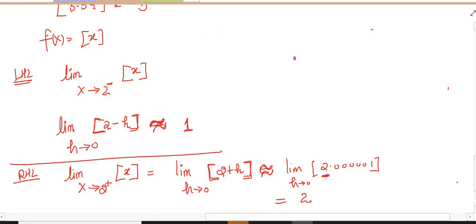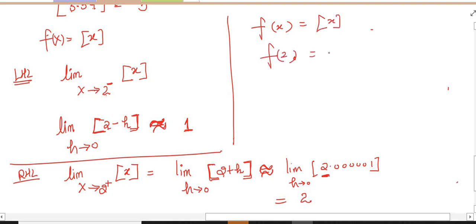So let's check. f(x) is this. So what will be f(2)? f(2) will be this. The greatest integer function of 2 will come out as 2 only. So we can see clearly LHL is something else, RHL is something else, and the function value is also not matching.